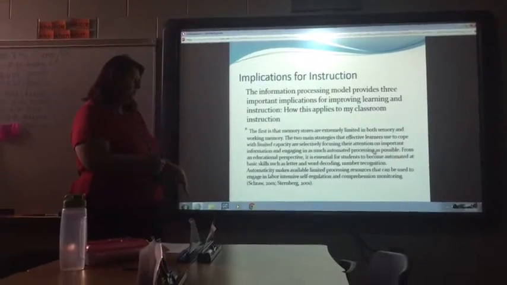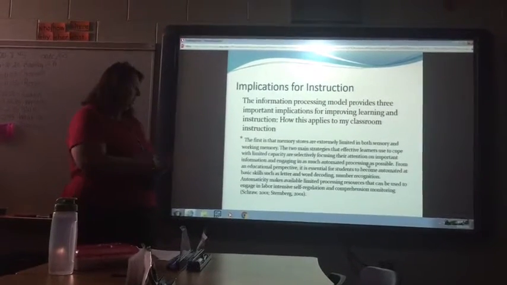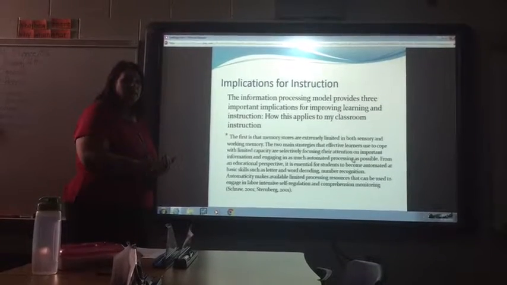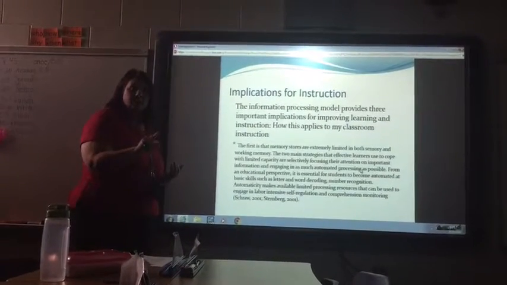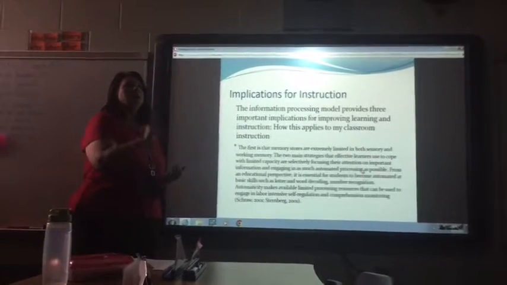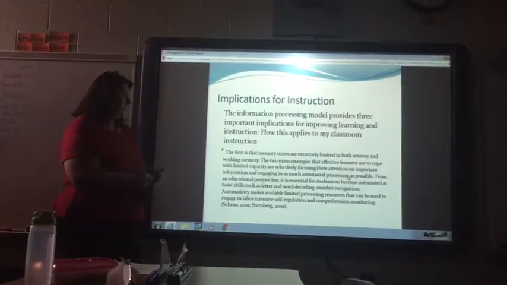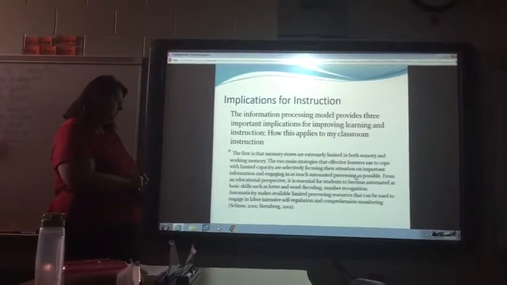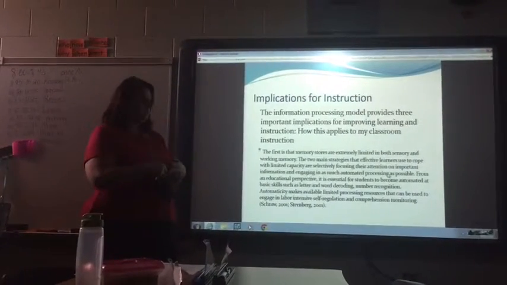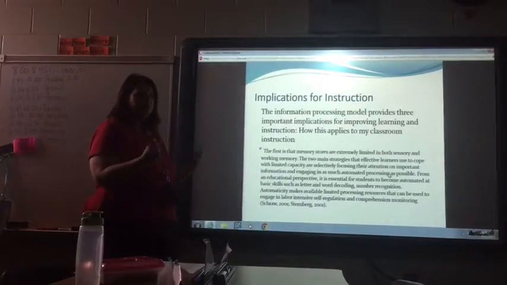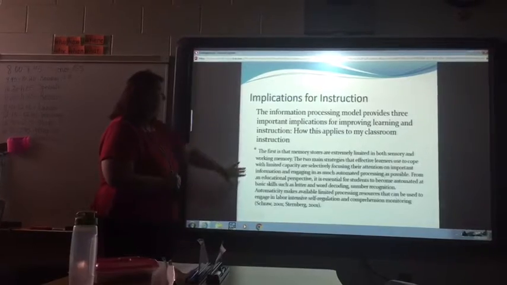From an educational perspective, it's essential for students to become automated at basic skills like letter and word decoding. You don't want to stay up in that bottom-up theory and what that would lead you to do in your instruction forever. That's obvious. Automaticity makes available limited processing resources that can be used to engage in labor-intensive self-regulation and comprehension monitoring, working on those other top-down skills.